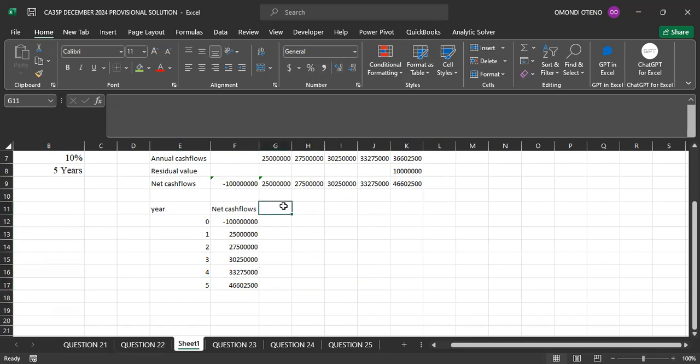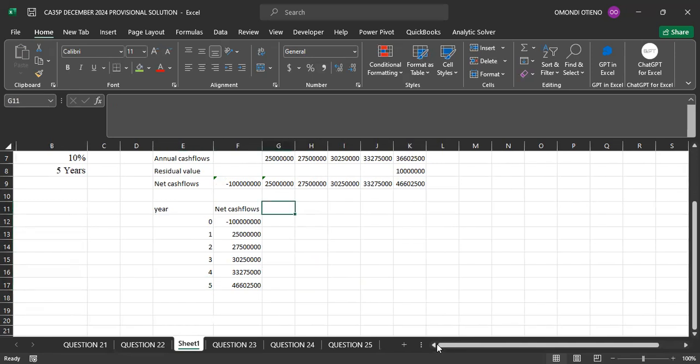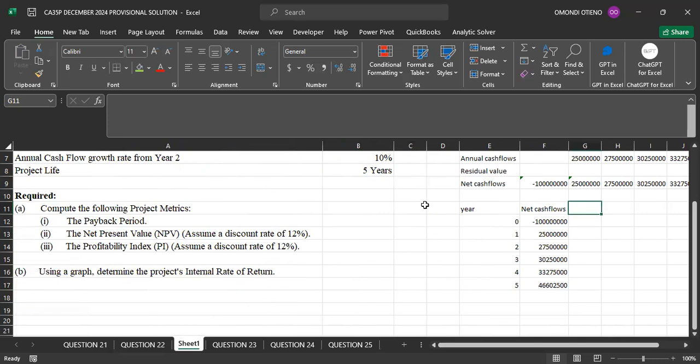And therefore, the next thing we need to do for us to be able to get payback period. Remember, we are now responding to question Roman 1, part A of the question. So here, what we need to do is basically come up with another column called cumulative cash flows.